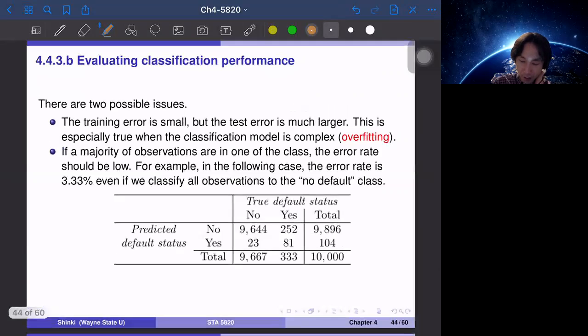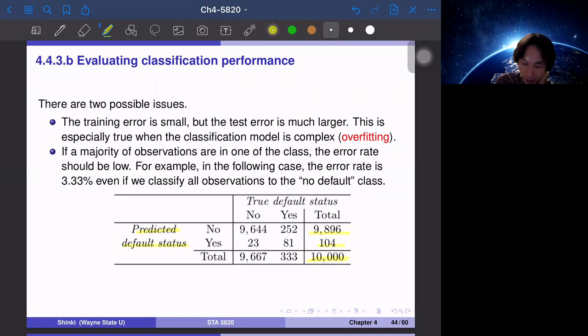Why? So to think about this situation, in total, we have 10,000 observations. And this is the predicted default status. We predicted that 9,896 people are not defaulted, and only 104 people are predicted as default.